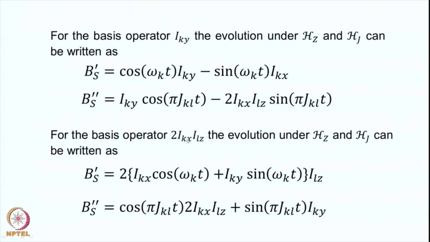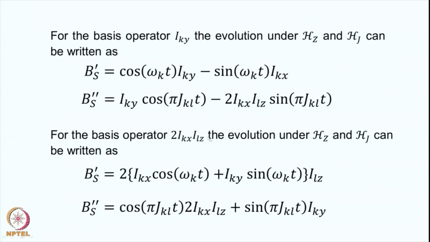Therefore, chemical shift evolution will happen only for the Ikx part. The Ilz part will not contribute to the chemical shift evolution. Therefore, if I consider the Bs prime here, this will be simply 2, and the Ikx term evolves as indicated here earlier, Ikx cosine omega kt plus Iky sin omega kt, and Ilz remains as it is, there is no change.